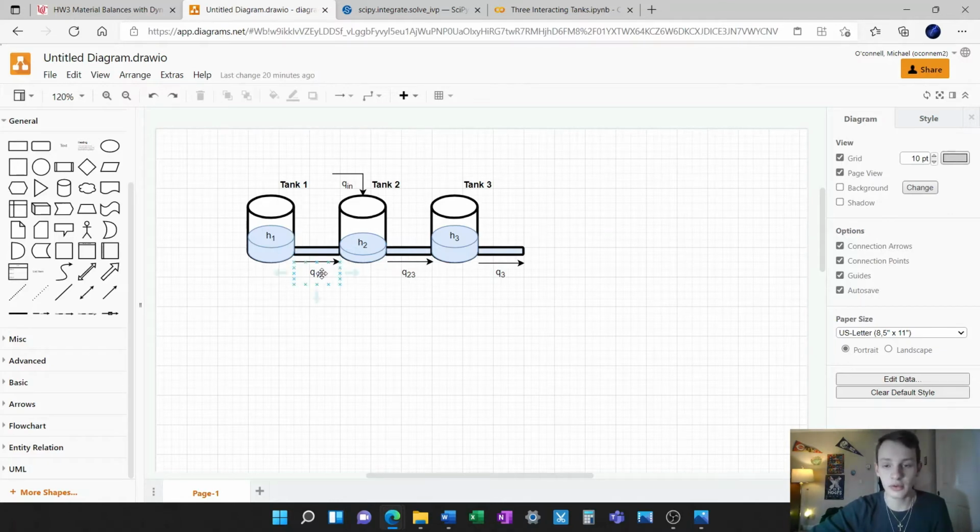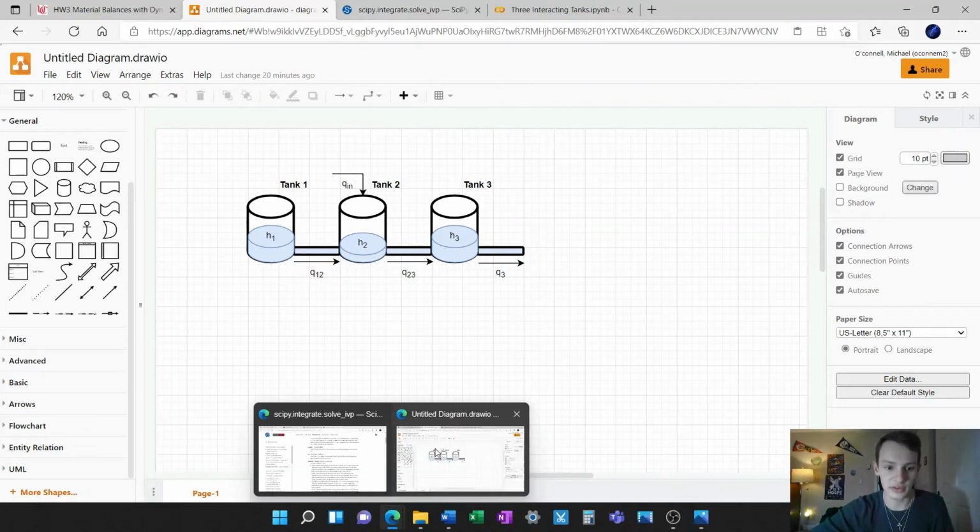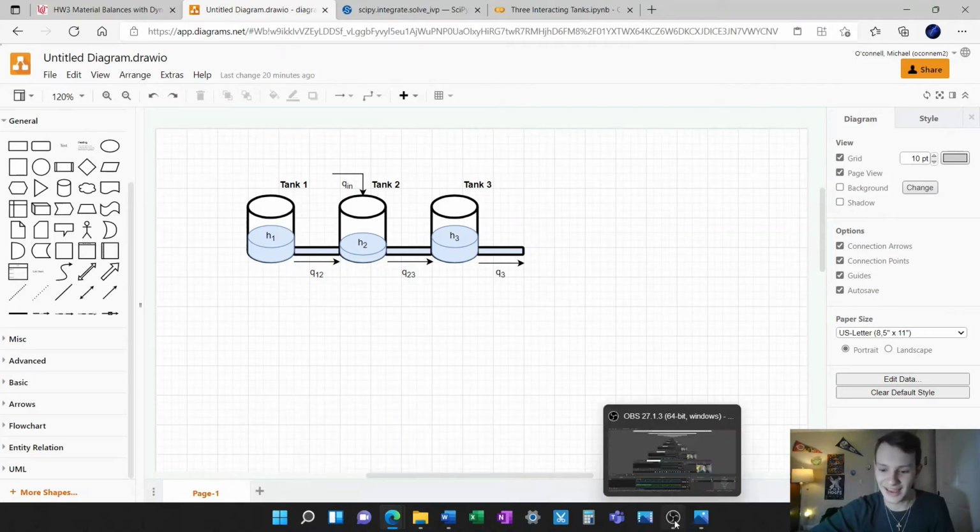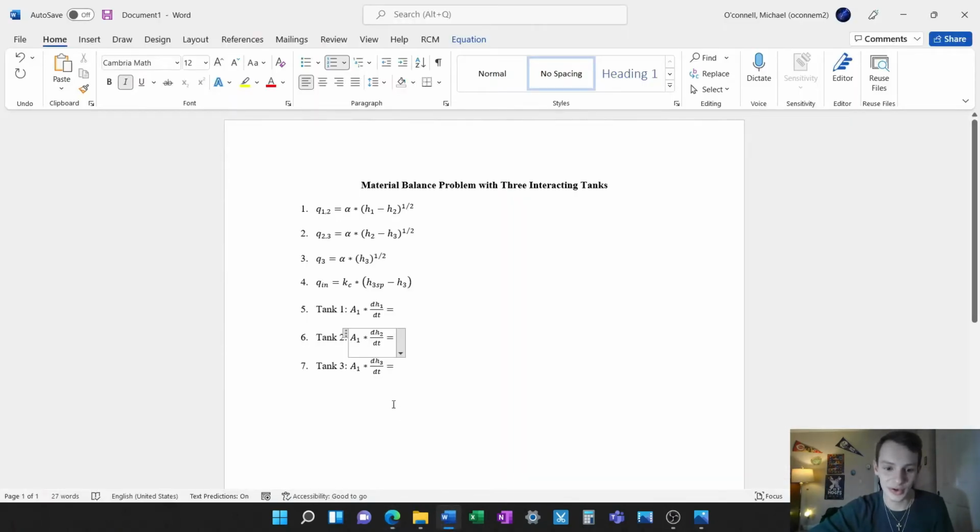But we have our arrow, Q12, pointing to the right, going into tank 2. So this should be pretty easy. It's simply the opposite, negative Q12. And thank goodness I already have some of this typed out, so I know that can be kind of tedious to use equations in Word, but that's going to be our flow into tank 1.